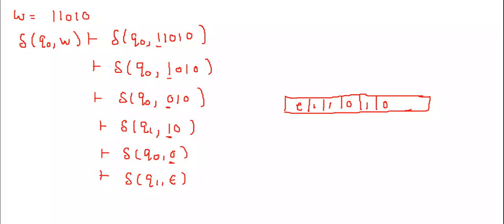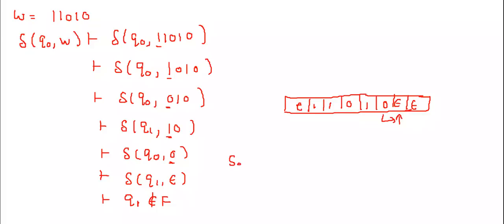So the remaining cells will be filled with epsilons. So upon reading 0, the head moves to the next cell on the right side. It is reading epsilon. So whenever you are reading an empty symbol on Q1, you will be on the same state. Now Q1 does not belong to the final state.